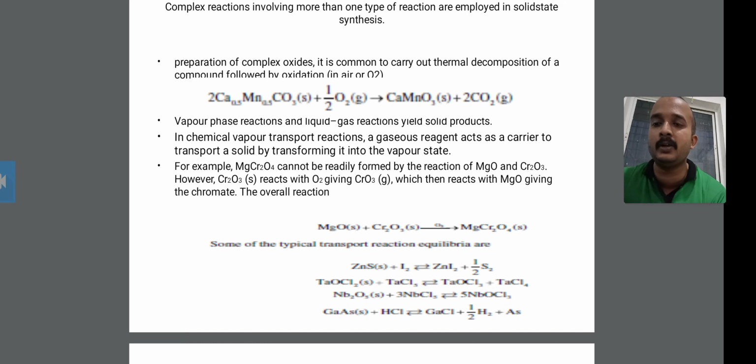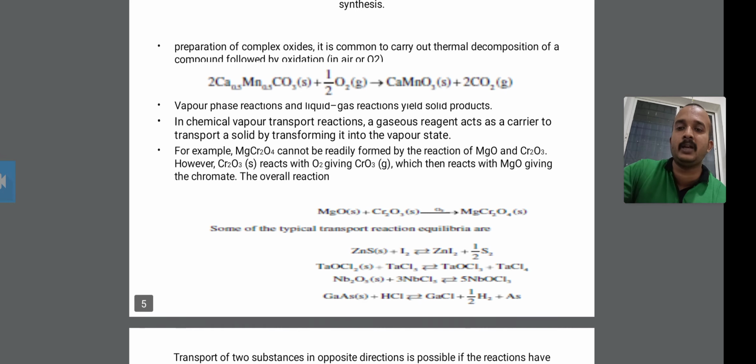Some chemical vapor is transferred in this reaction, and this reagent is a carrier to transport the solid by transforming it into the vapor state.